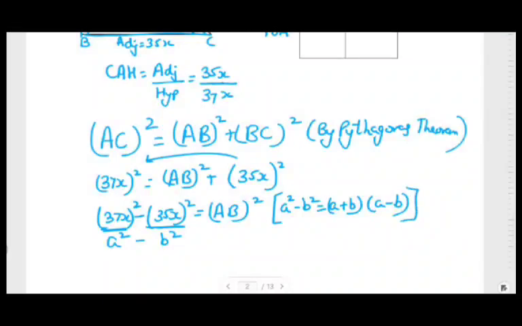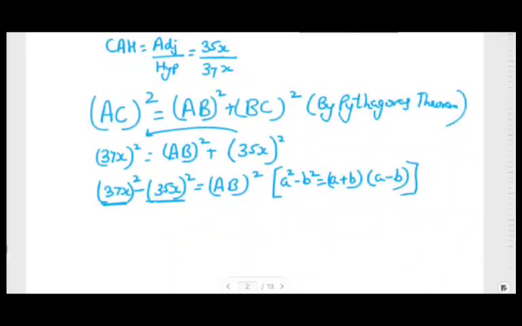Correct? Yes, children. So, going by that identity, instead of squaring 37x and 35x and then subtracting, the numbers become really large. So it is an easier way to do it with this identity. A plus b, what is my b value? This is my a value, this is my b value. So my b value is 35x.